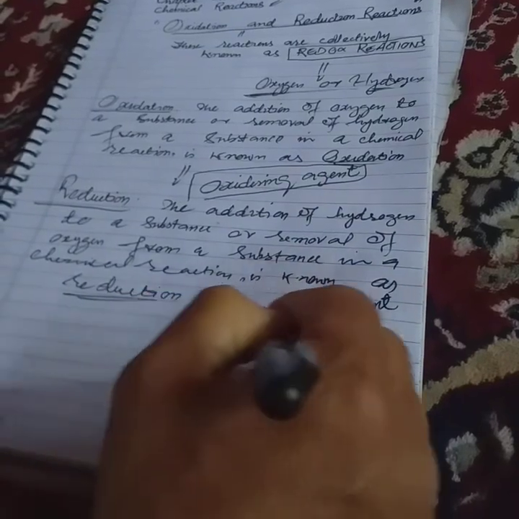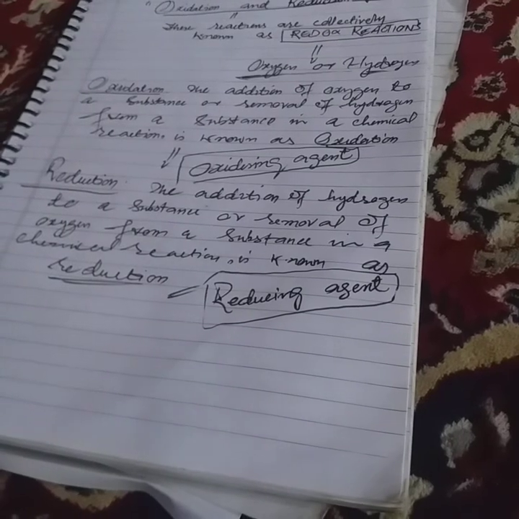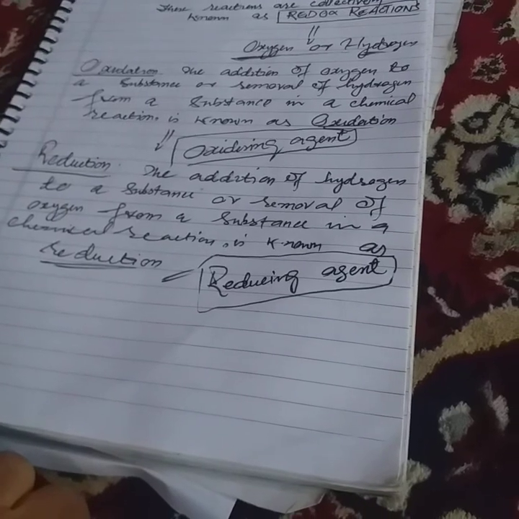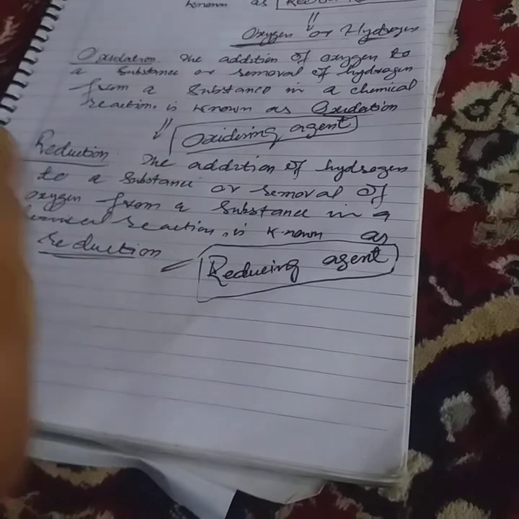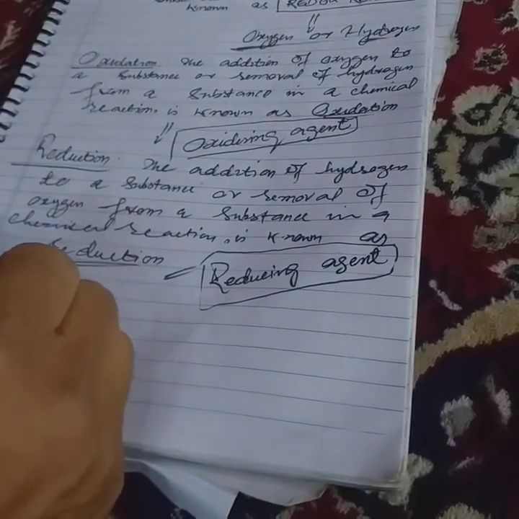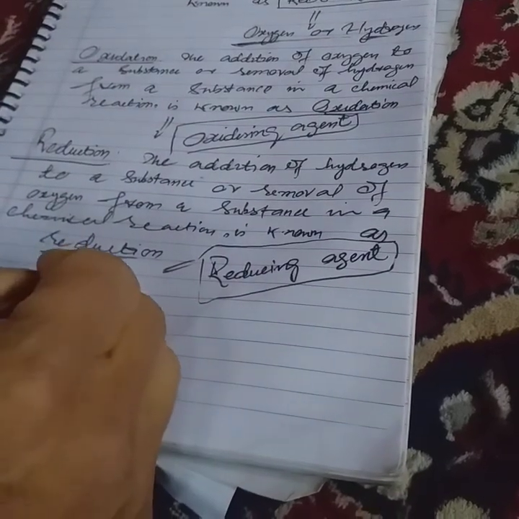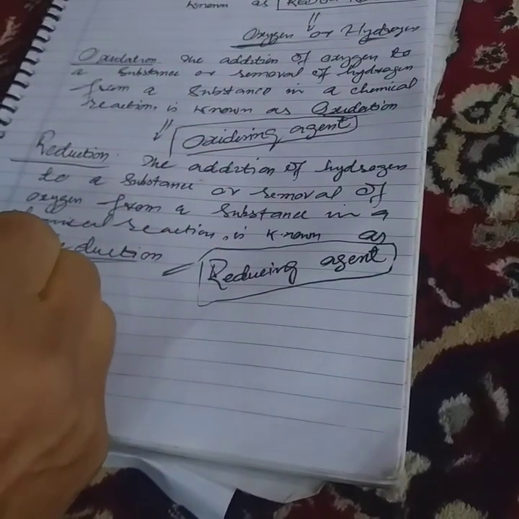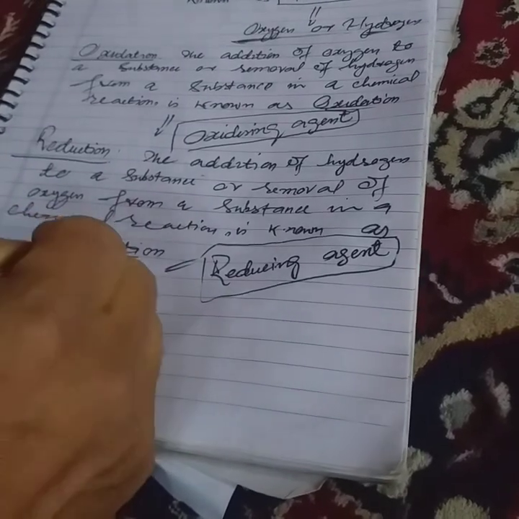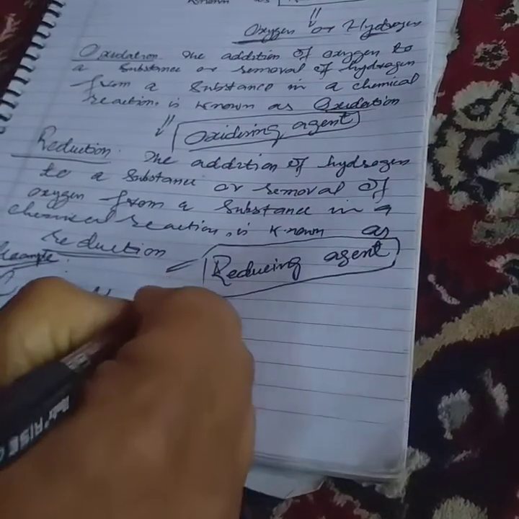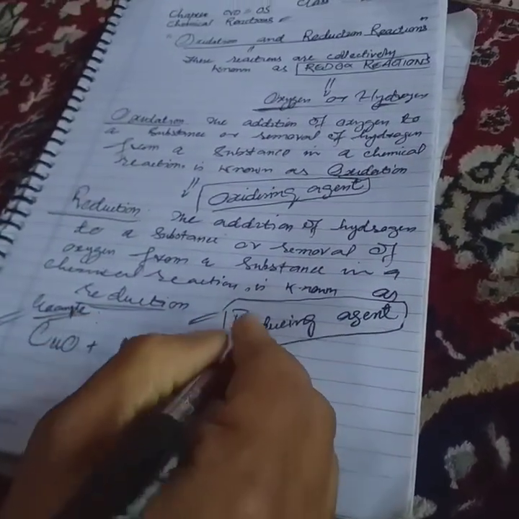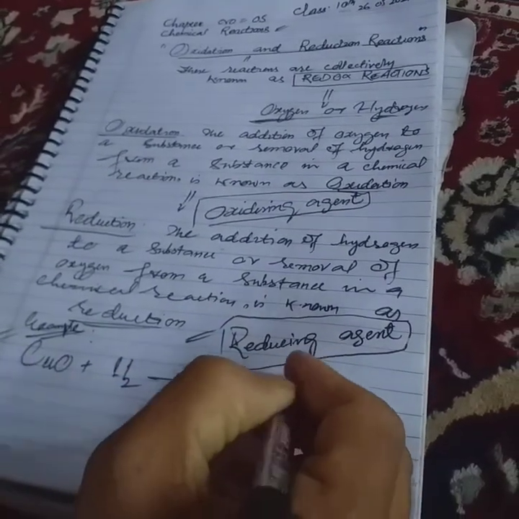Now let us explain oxidation and reduction reactions with the help of an example, that is copper oxide plus hydrogen gives copper plus water.